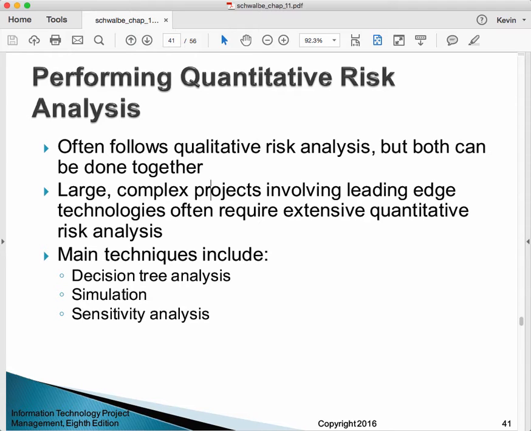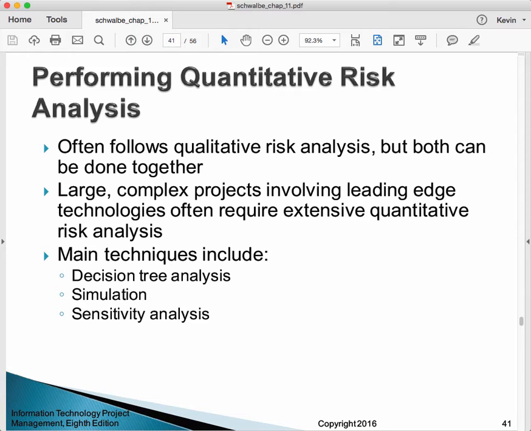Performing quantitative risk analysis. Often, after qualitative risk analysis, we'll move on and do a more quantitative risk analysis. We can do them at the same time, side by side. Large complex projects involving leading edge technologies often require extensive quantitative risk analysis.